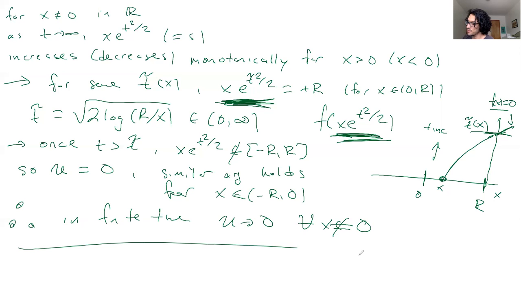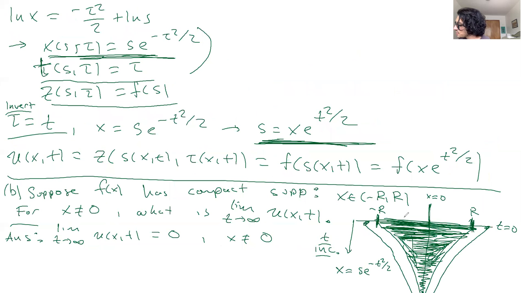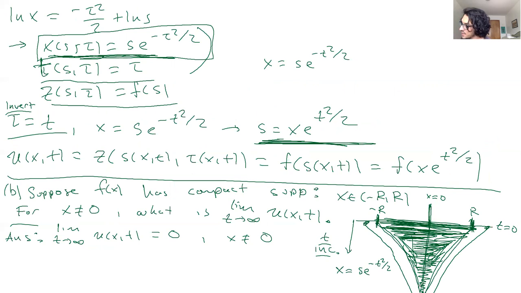So that's it. Good intuition for this is essentially that this characteristic, x equals s e to the minus t squared over 2, is going to collapse down towards the point x equals 0.